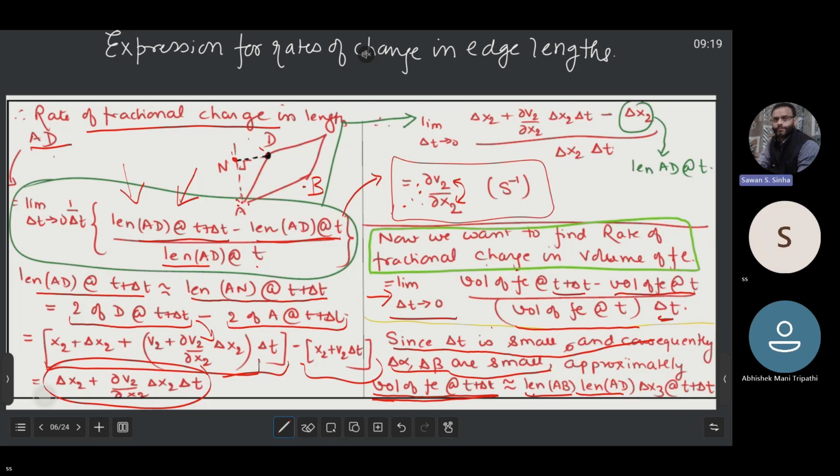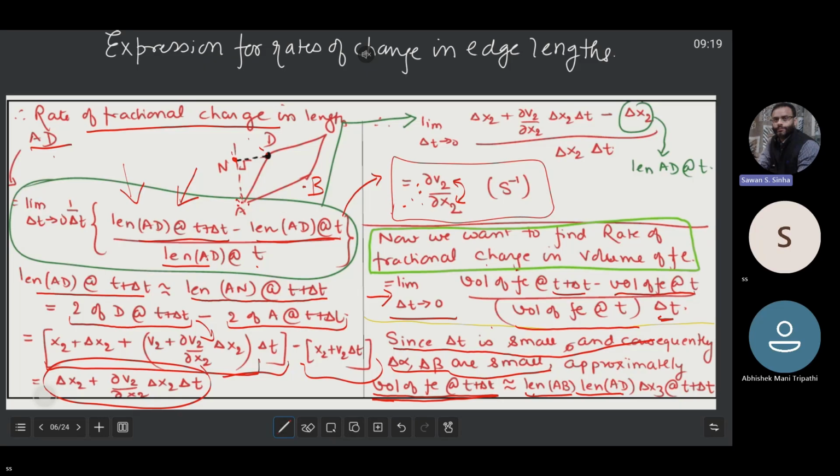Now this is the exact expression if at t plus delta t the fluid element is also exactly a cuboid, then this formula is exact, right? A cuboid of dimensions A, B, C will have the volume ABC product, right? But at t plus delta t, the cuboid has now become distorted, true.